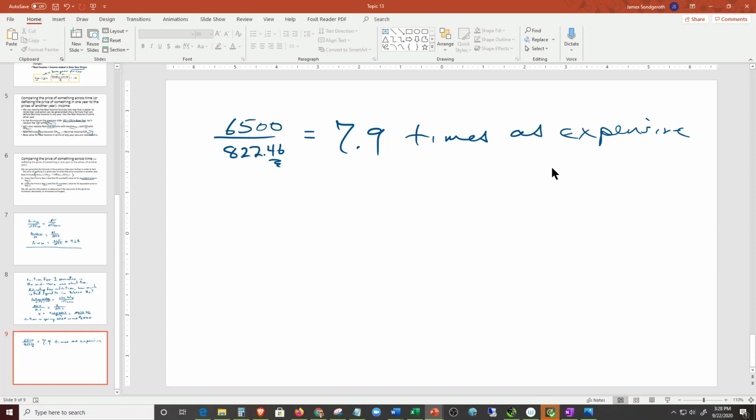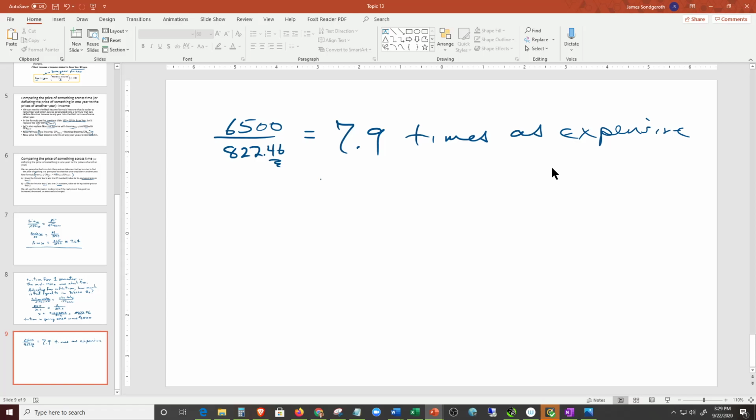What is that in percentage terms? I think it's 790%, but could be more. We may need to add 100, because double, 100% more, would be 1,600. That's twice. Twice is 100%. No. So 8 times would be 700%.